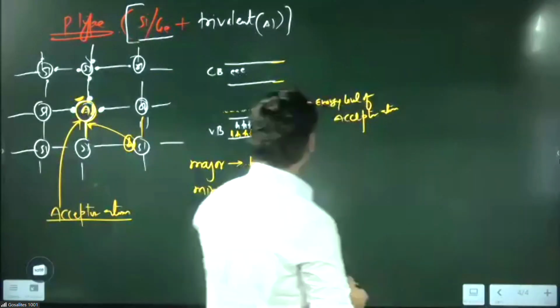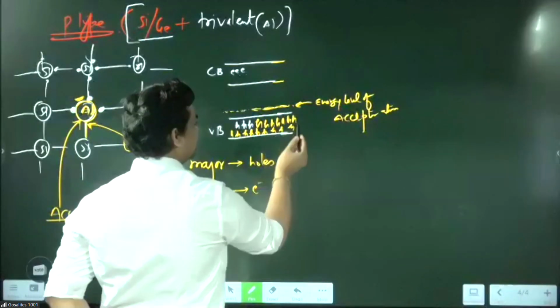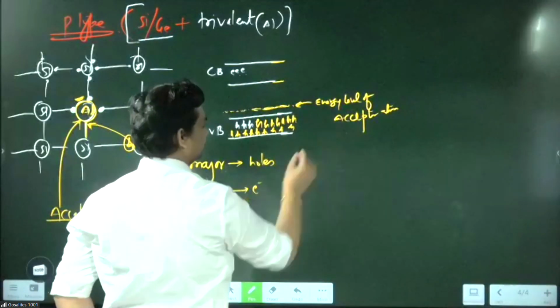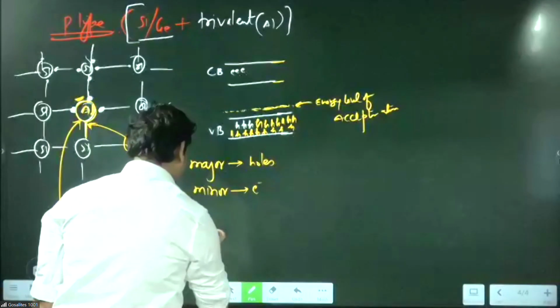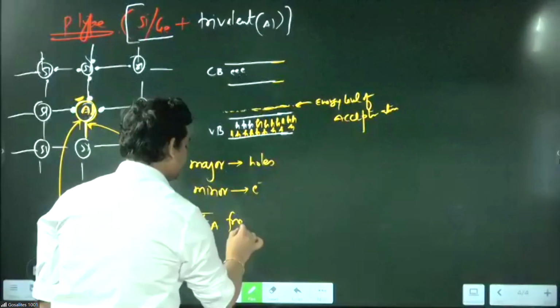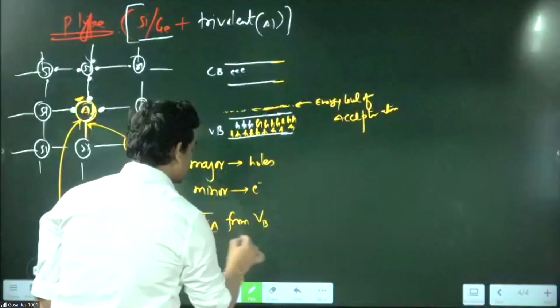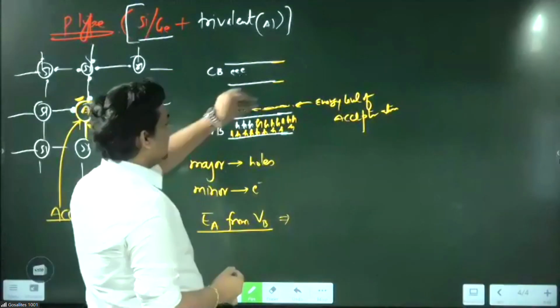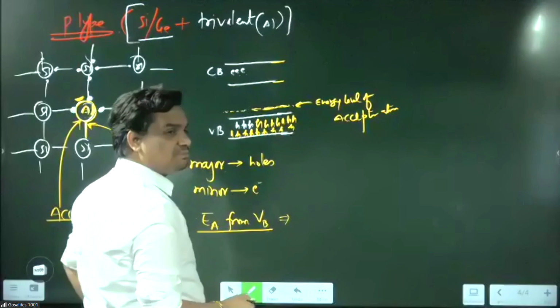But here, if I ask the energy level of acceptor atom, EA from VB, will it be less than 0.55 or more than 0.55?